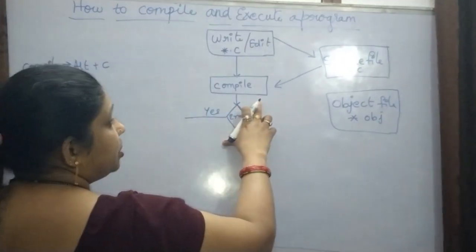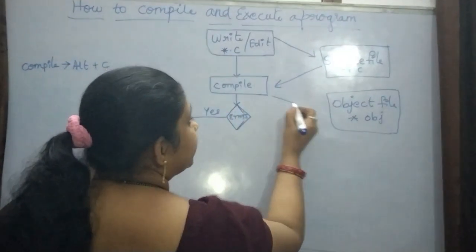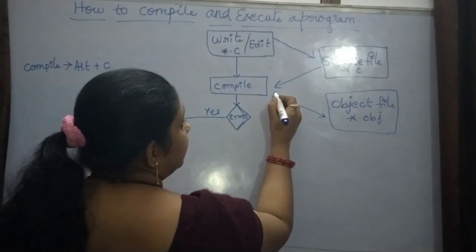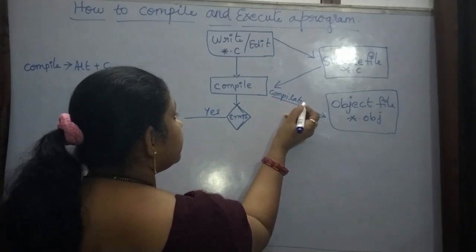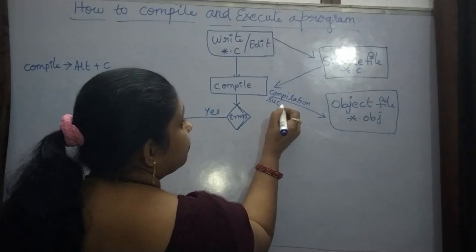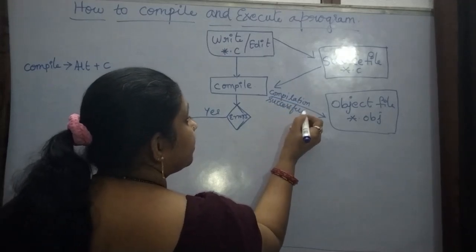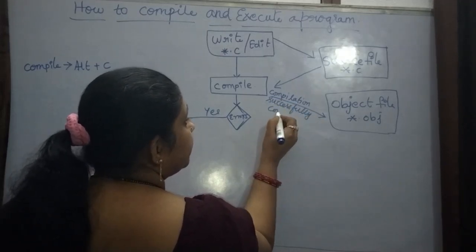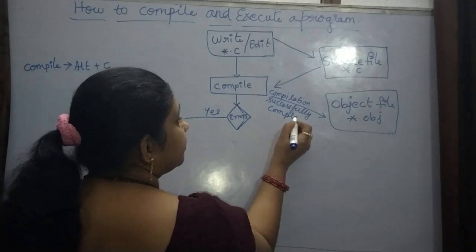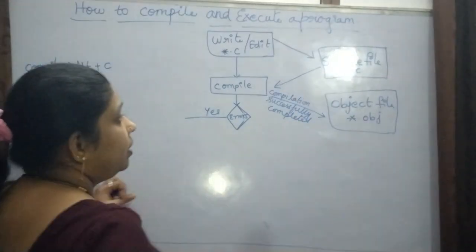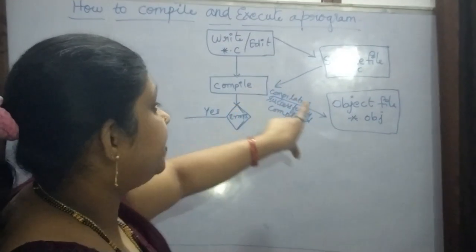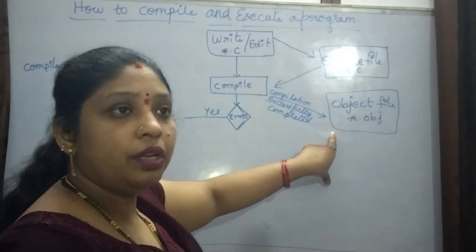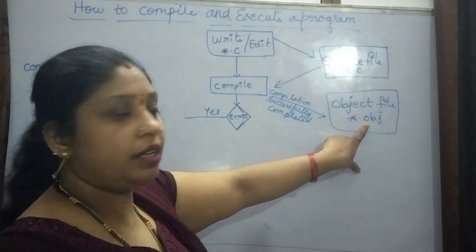Suppose compilation is successfully completed. When compilation is successfully completed, the compiler will generate an object code, which is also called an object file.